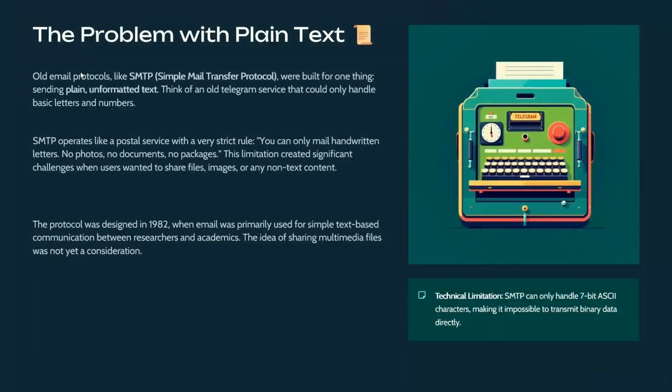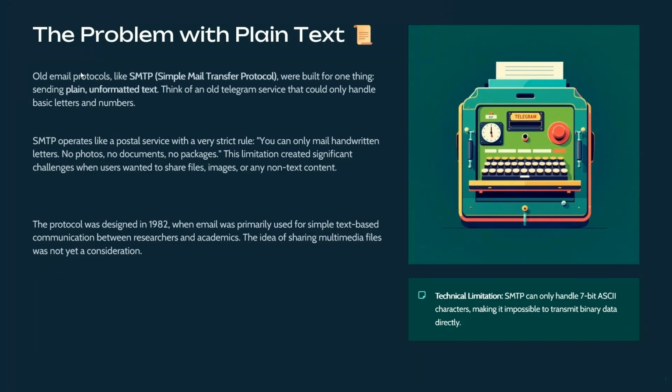So the problem with plain text is that you can only handle basic letters and numbers. Consider a situation where you are in the outskirts where there is no internet service.